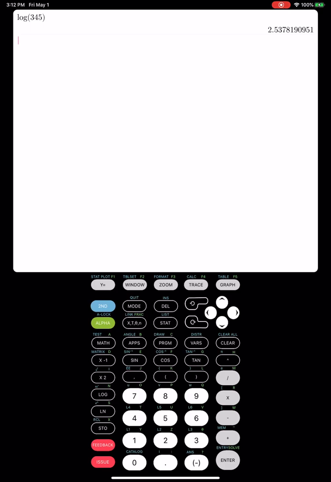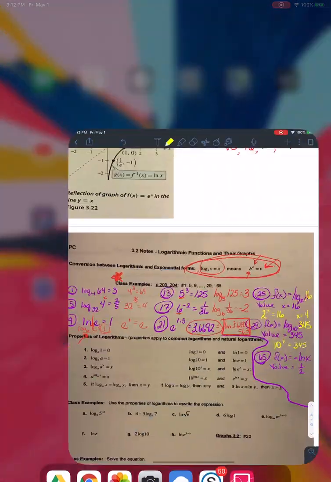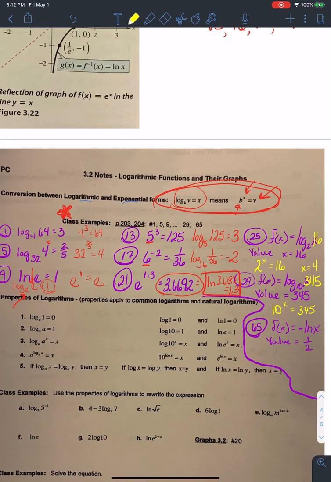Okay, that's all you have to do. So this one was 4, and this one is 2.538. I'm sorry, guys, I was messing this up. Let me try this again. 2.538. There we go. And that is your final answer for x in this one.